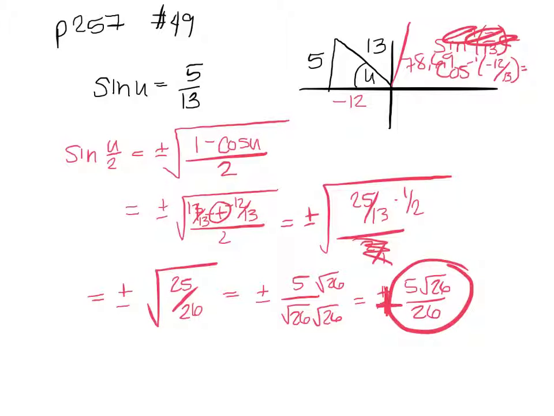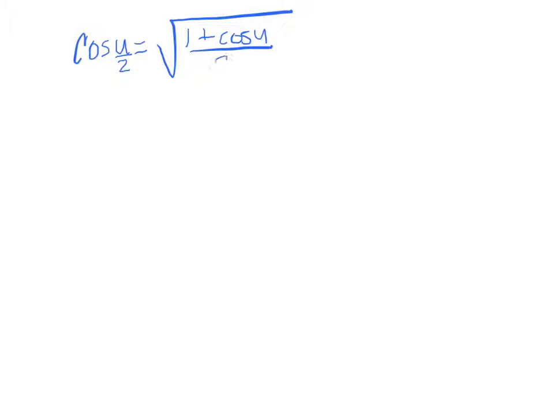Okay, so there's sine. Now cosine, and I have to go to a whole other page here. Okay, here we go. Cosine, using the formula, will be positive already, we know that. It's the square root of 1 plus cosine of u, over 2.